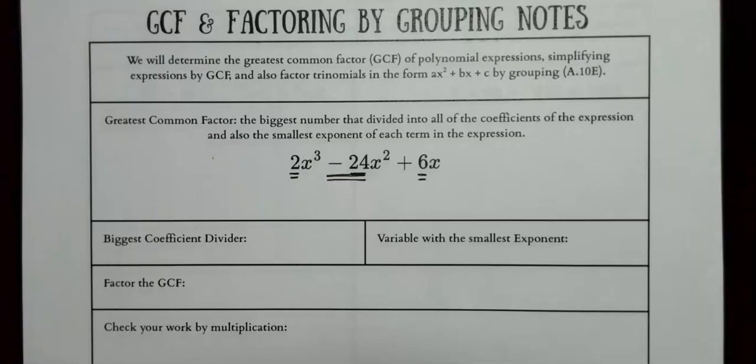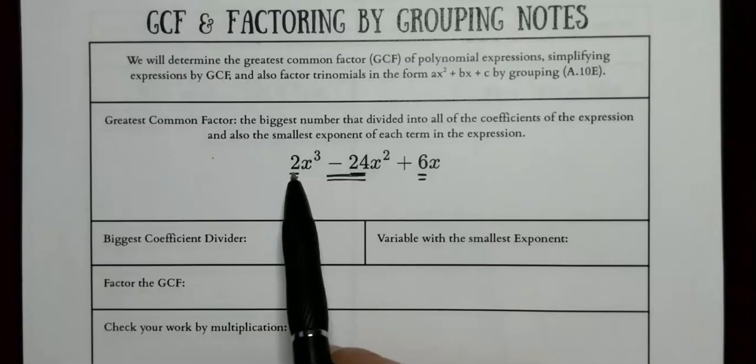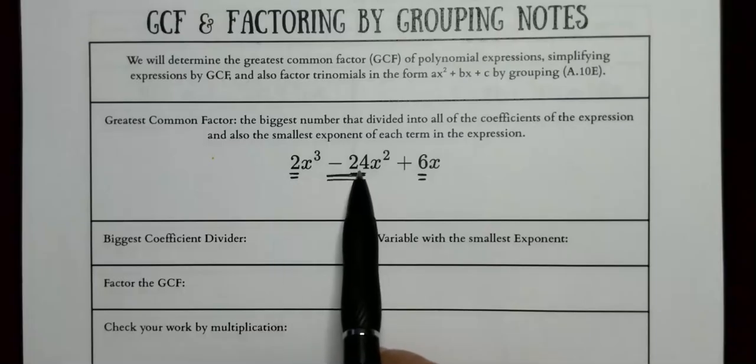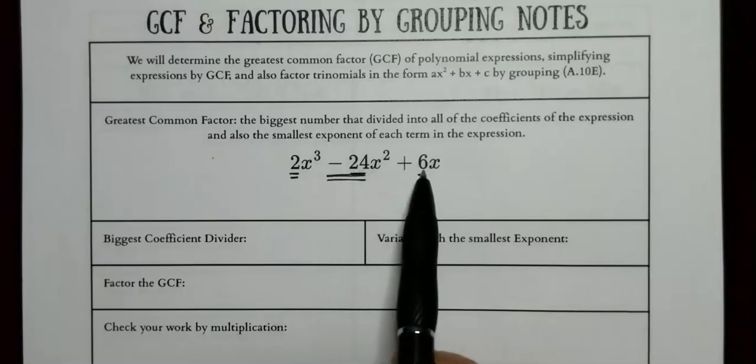The big numbers in the expression are our coefficients. What we're going to do is look for a number that divides into all three. We need the biggest number that can divide into all three. So I'm looking for a number that will divide into 2, but will also divide into 24 and 6.